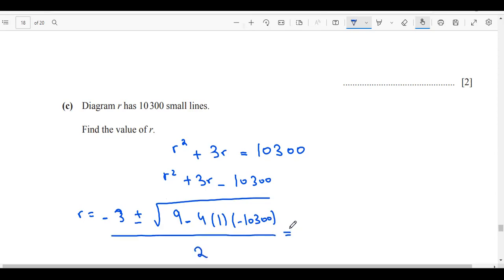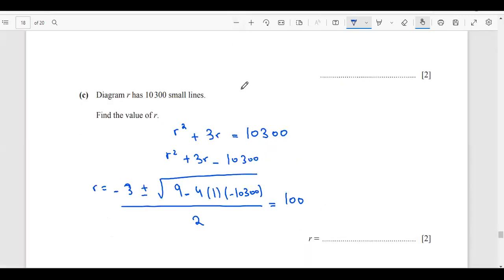So the answer is going to be what? We will just talk about the positive one. So minus 3 plus the root of 9 minus 4 into minus 10300. This value divided by 2 would give you 100 directly, okay? So this is going to be 100.